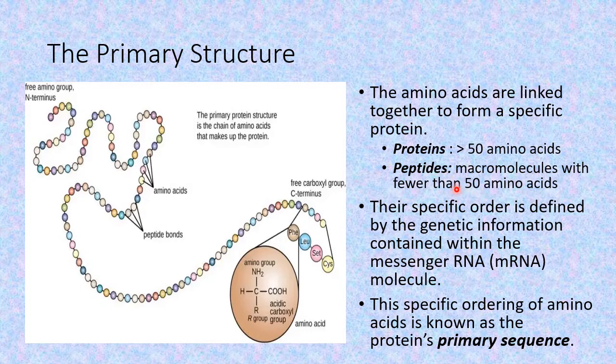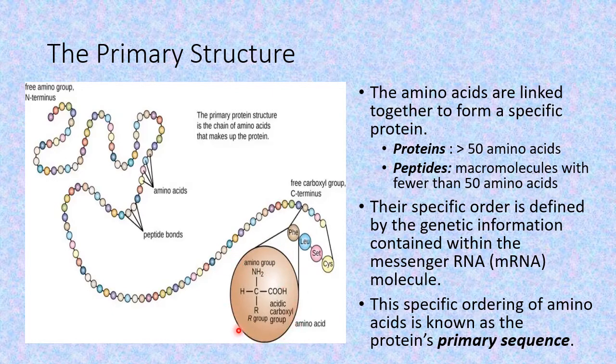However, if the number of amino acids is less than 50, then the macromolecule formed is known as a peptide. So, the basic unit of the primary structural level of protein is the amino acid.